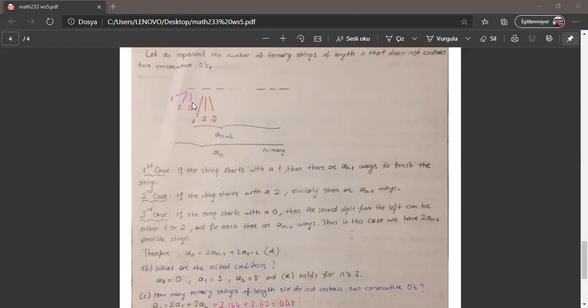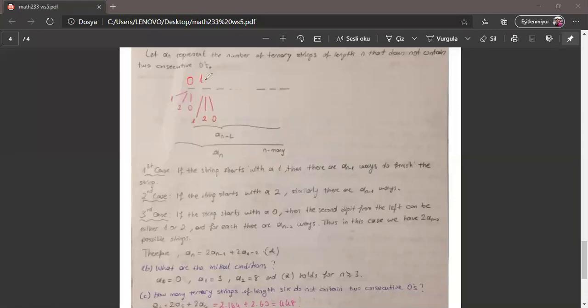So what if we have 0 here? Then the second digit can be either 1 or 2, right? Because we don't want it to contain two consecutive zeros. Let me write it first.